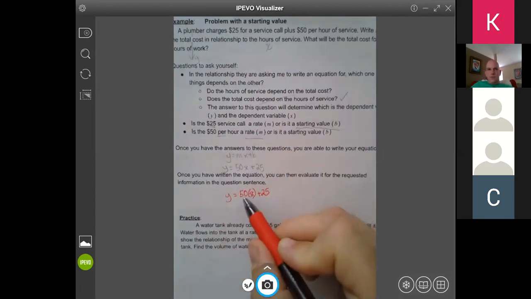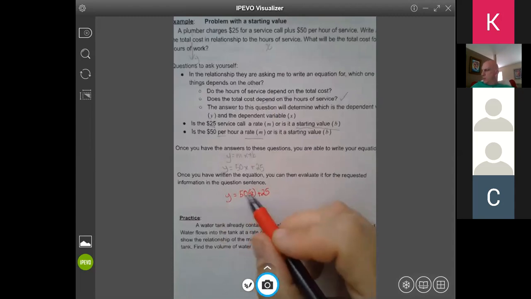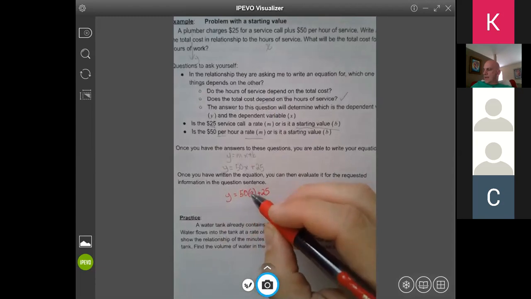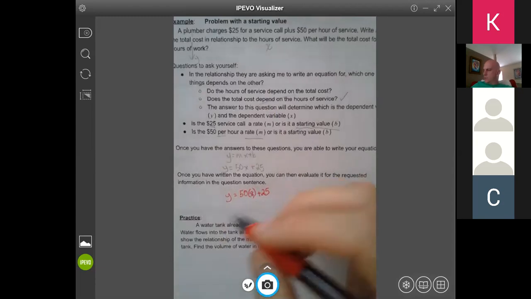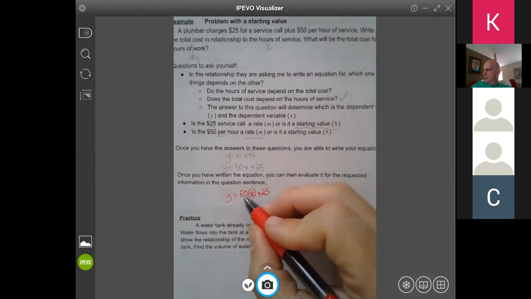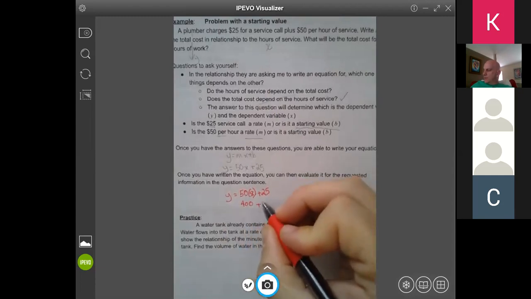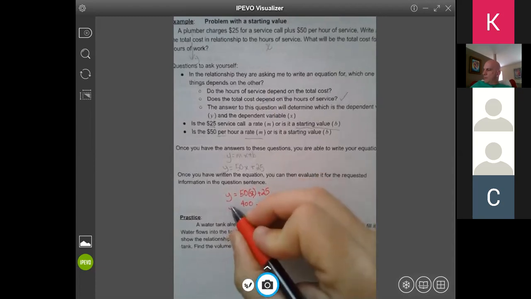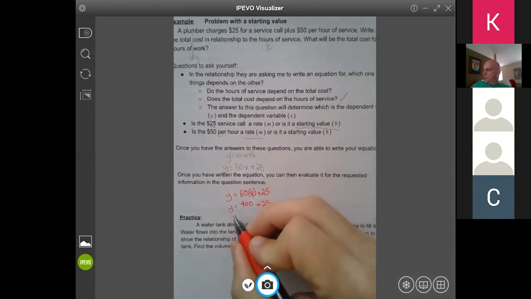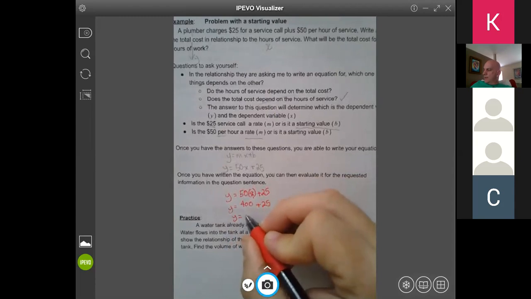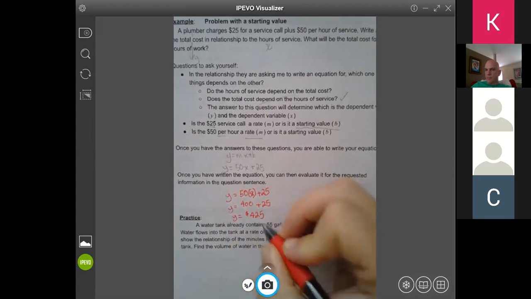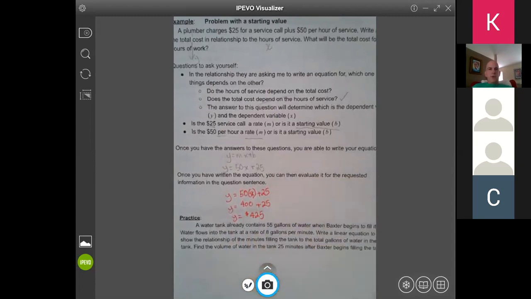Assuming there's a big plumbing problem in your house and they work there for 8 hours, it's $50 times 8, which if you do the math is $400, plus 25. Finally putting those together, the total cost, and I'll put the money sign on this so that we know that's actually money, is going to be $425.